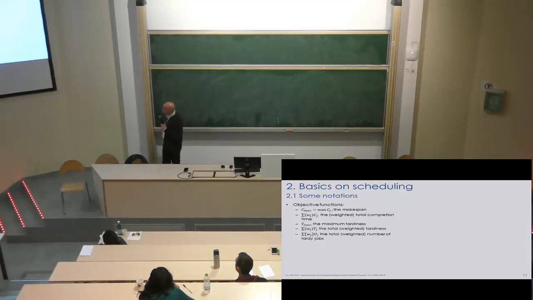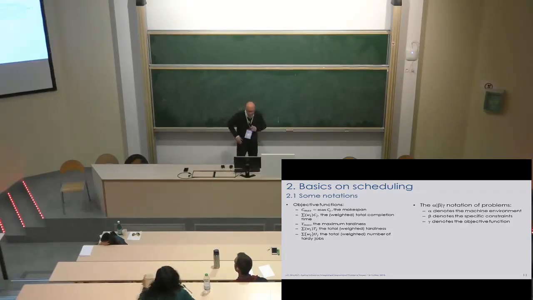So we want to minimize the maximum completion time. We want to minimize also the weighted total completion time, weighted or not weighted, the maximum tardiness, the sum of tardiness, which is the total tardiness, total weighted tardiness, etc. And also the total number of tardy jobs, or total weighted number of tardy jobs. These are the very common objective functions in scheduling.